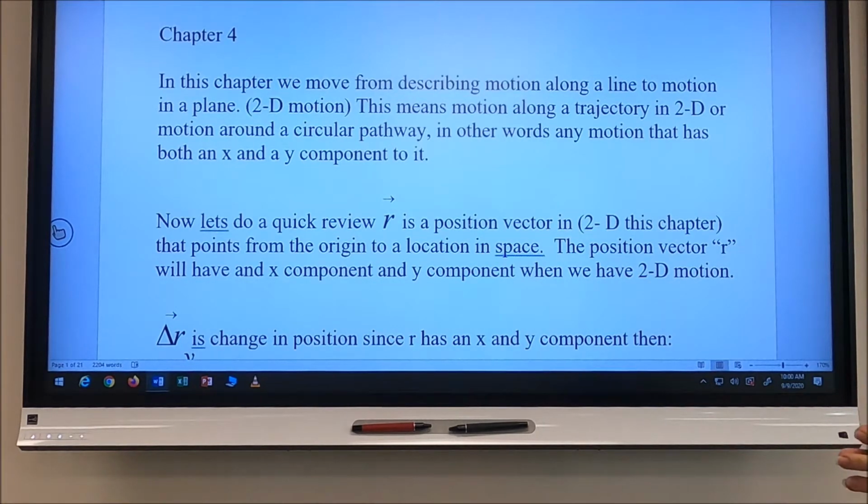Here in chapter 4, we're going to move from motion along a straight line to motion in a plane, so 2 dimensions. So we're going to be talking about trajectories, okay?